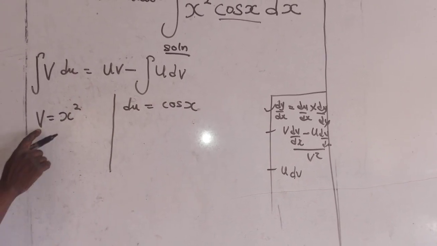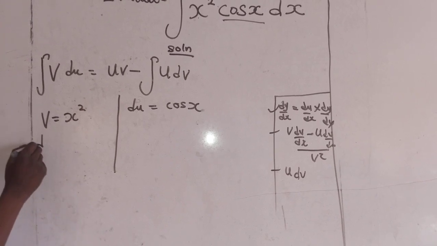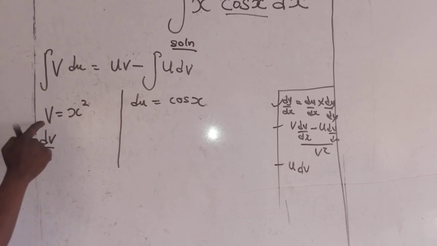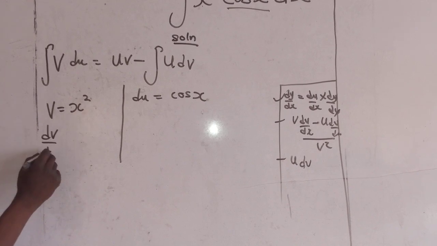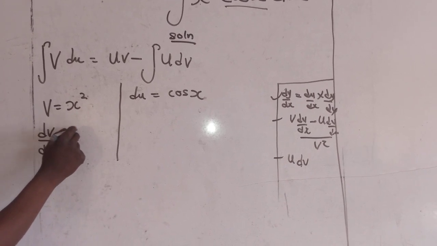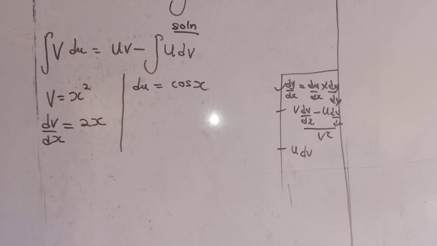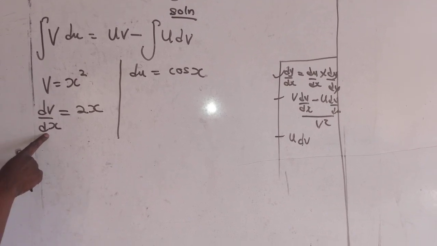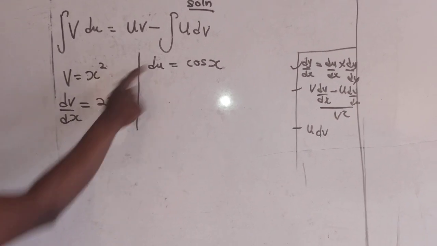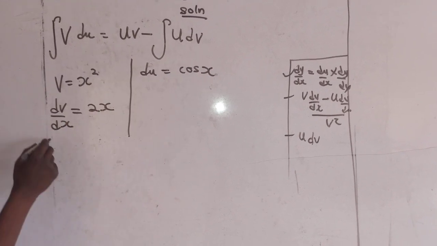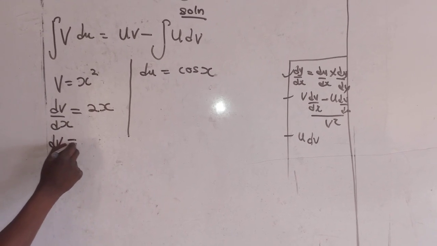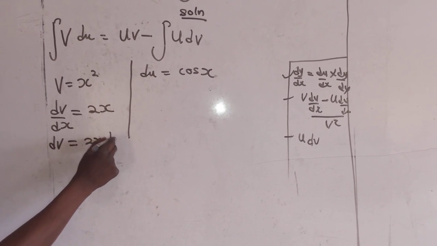Now differentiate v with respect to x. dv dx will be equal to 2x. Now make dv the subject of the formula, because we need dv here. So dv equals 2x dx.